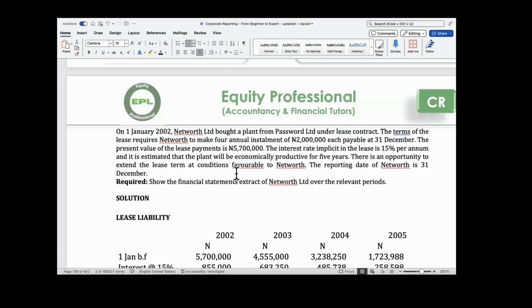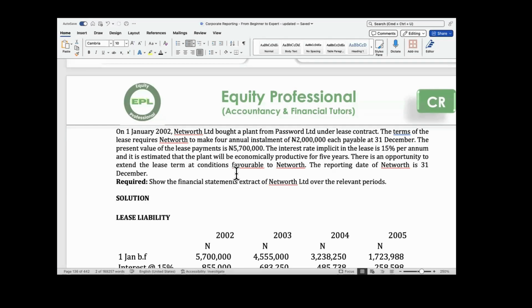The present value of the lease payments is 5.7 million. The interest rate implicit in the lease is 15% per annum, and it is estimated that the plant will be economically productive for 5 years. There's an opportunity to extend the lease term at conditions favorable to Networth. The reporting date of Networth is 31st December. Required: show the financial statement extract of Networth over the relevant period.